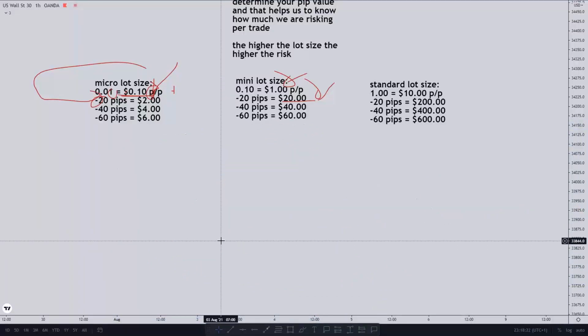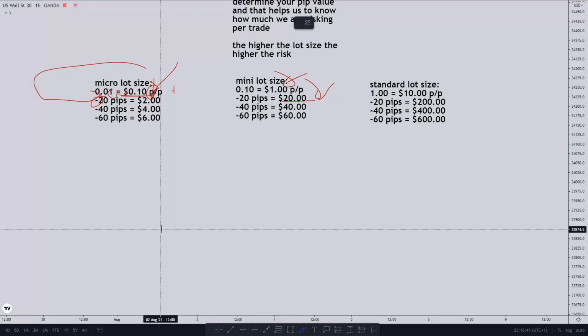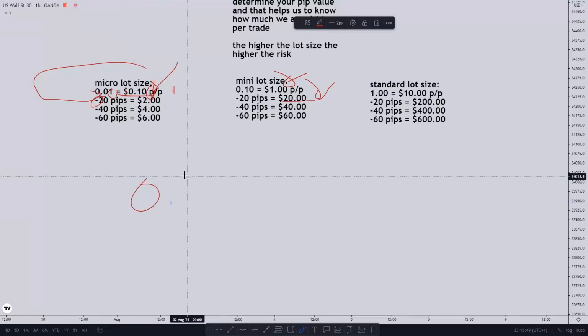So that's the mini lot size. So each pip value is about $1. So $1 per pip when you are going to be trading using a mini lot size, right? So let's say now if I wanted to open a 0.50 lot size, so that's going to be 0.50, right?